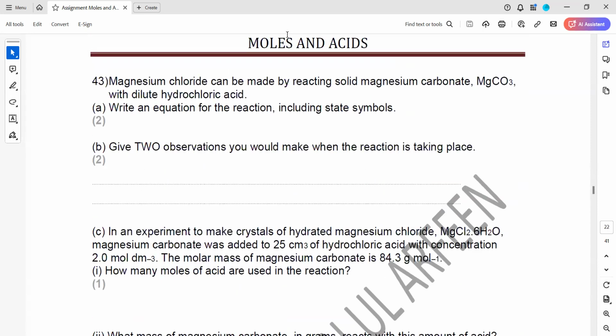This was the equation when magnesium carbonate was reacting with 2 moles of hydrochloric acid, giving magnesium chloride plus carbon dioxide plus water. So the ratio between hydrochloric acid and magnesium chloride is 2:1. First, using the same ratio, we'll get the moles of magnesium chloride. Then we multiply by the molar mass to get the theoretical value.